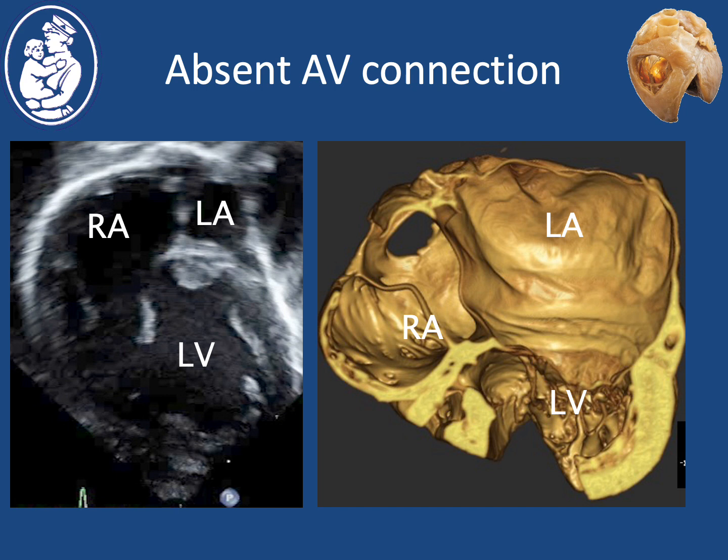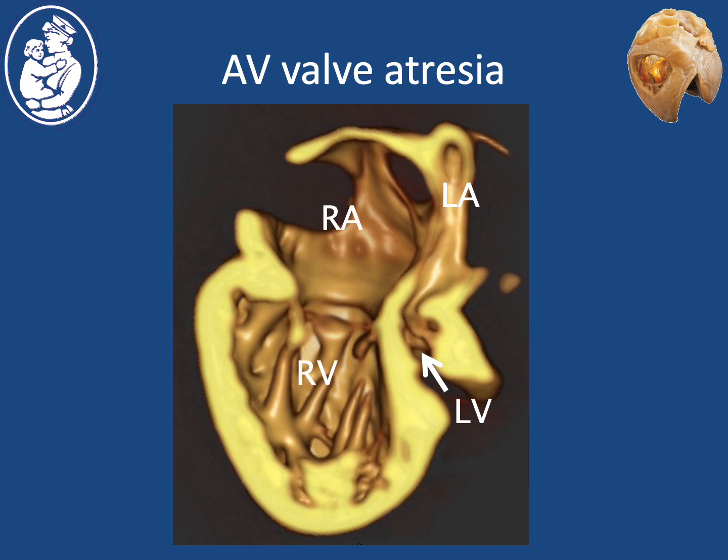This is a little bit different from what we see in typical mitral atresia, shown in this example, where there's a large tricuspid valve and a tiny atretic mitral valve. Atresia simply means that there is no opening or no hole in the valve.